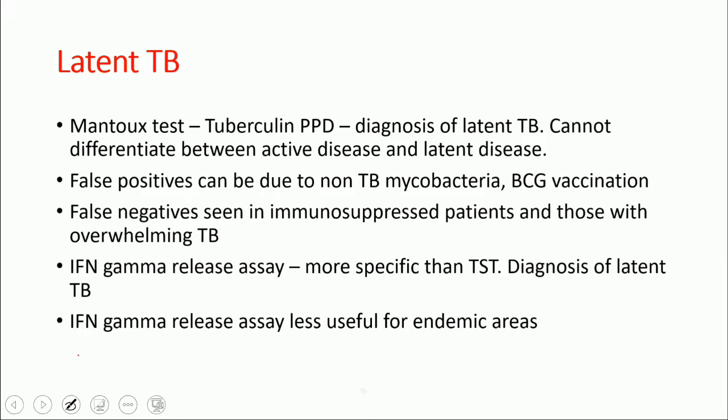So sometimes you do this to check for a BCG vaccine response, whether your BCG vaccine has mounted a response. Other instances are, say, we want to start strong immunosuppressive medication like biologics, for example. Then we do an IGRA or MANTU just to see if they have significant latent TB.